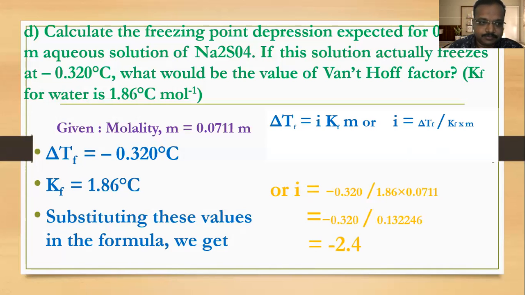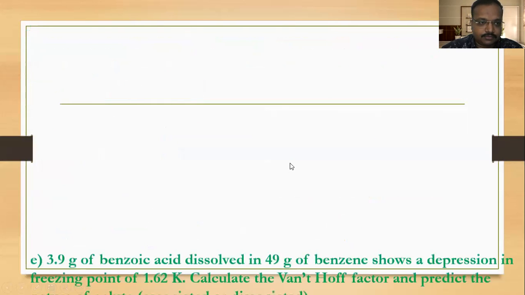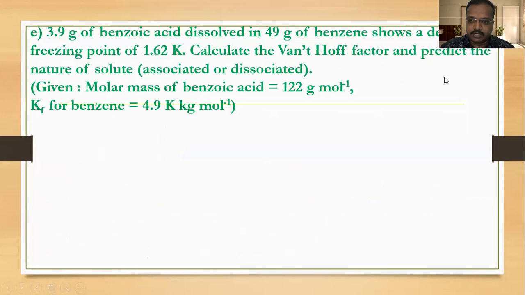Done. Shall we move into the next question? Next question we have: 3.9 gram of benzoic acid dissolved in 49 gram of benzene.